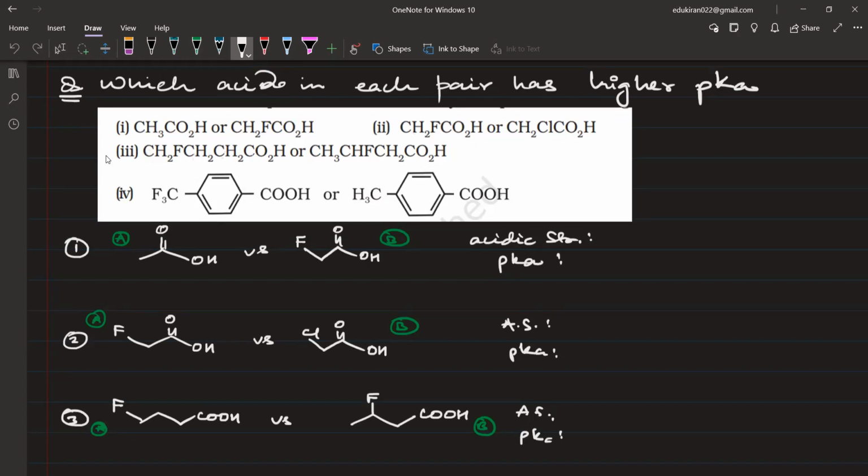So B will be more acidic, yes or no? Yes. So acidic strength क्या होगा? B का ज़्यादा. Now tell me, if acidic strength is higher, pKa is higher or lower? Lower. तो pKa किसका ज़्यादा होगा? A का. और आपने क्या आंसर किया है? उल्टा.